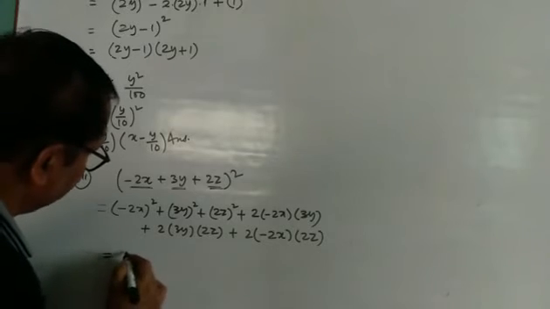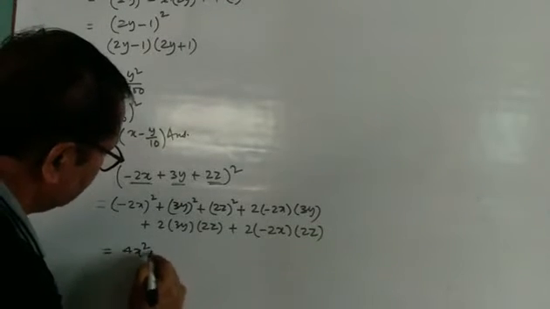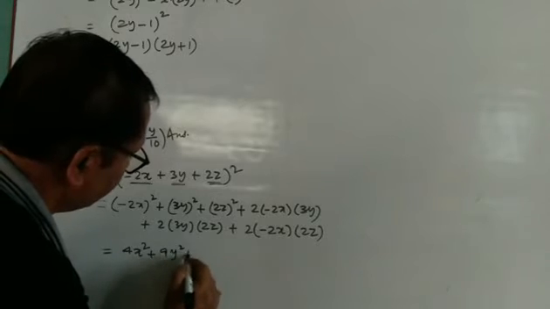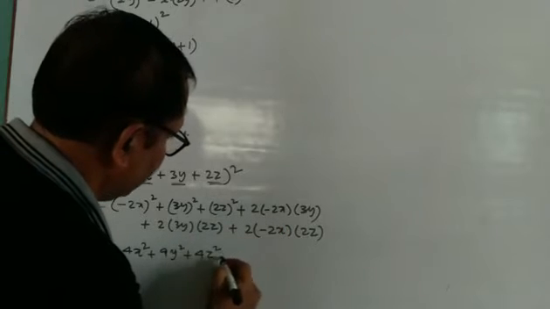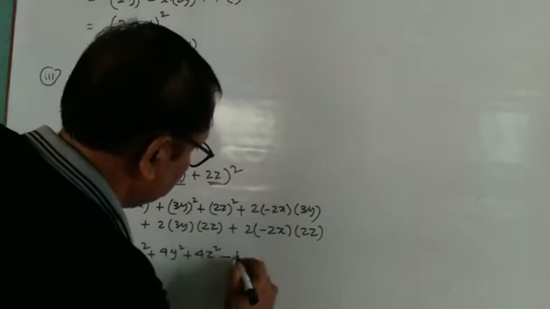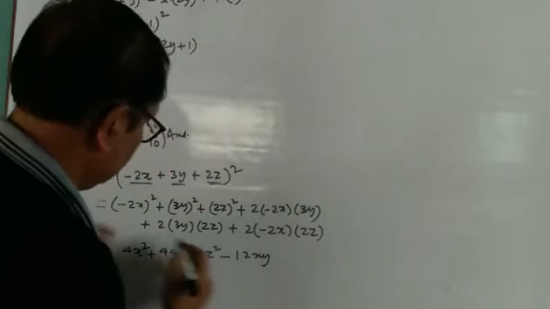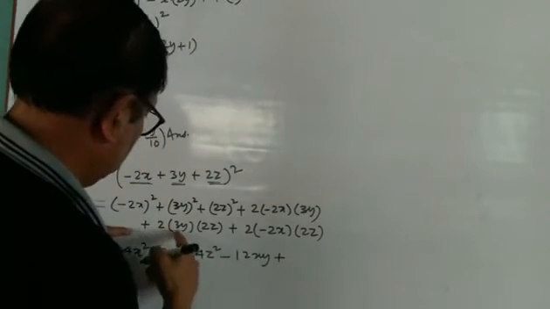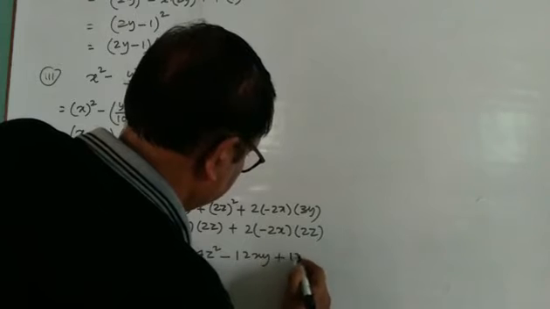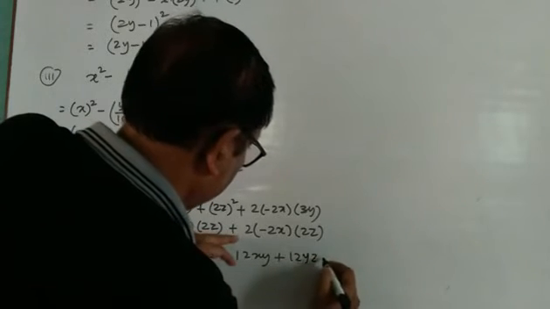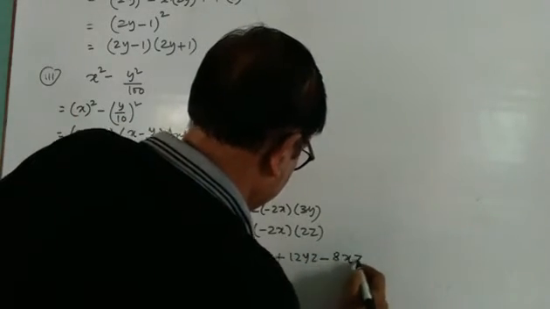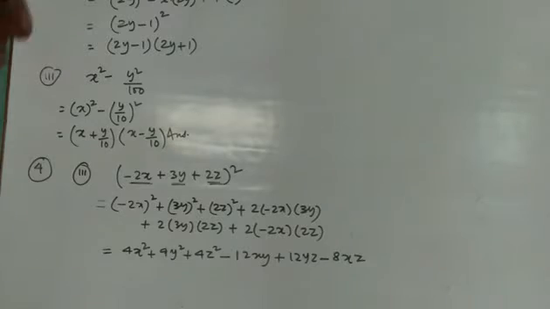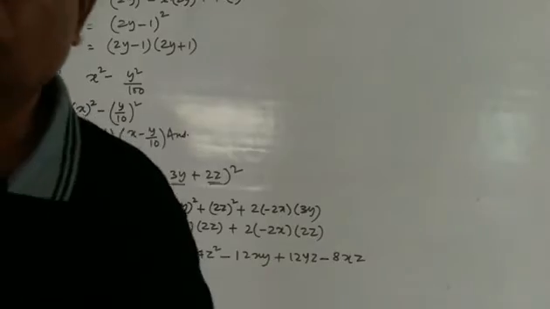And just you open the bracket: 4x square plus 9y square plus 4z square, now this is minus 12xy plus 12yz minus 8xz. So this is the way how you will tackle the square of the trinomial.